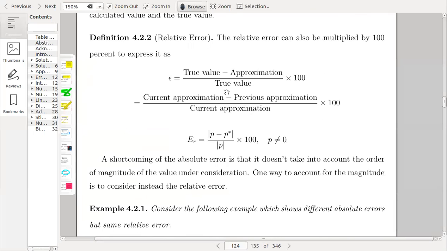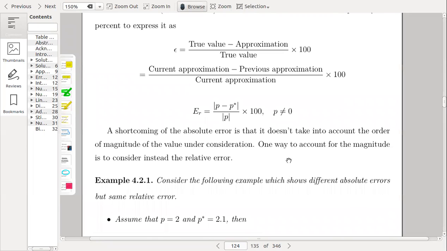If we denote the current approximation as P and the previous approximation as P star, we can write it as absolute value of P minus P star over absolute value of P multiplied by 100, where P is not equal to 0.